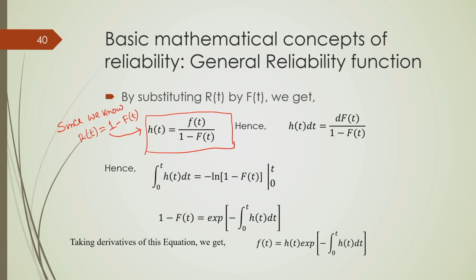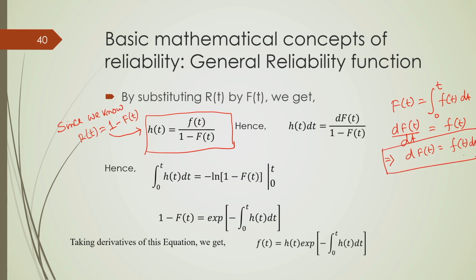And we also know the relationship of small f(t) with capital F(t), since F(t) is equal to the integral from 0 to t of small f(t) dt. So, if we differentiate with respect to t, dF(t) is equal to f(t) dt.